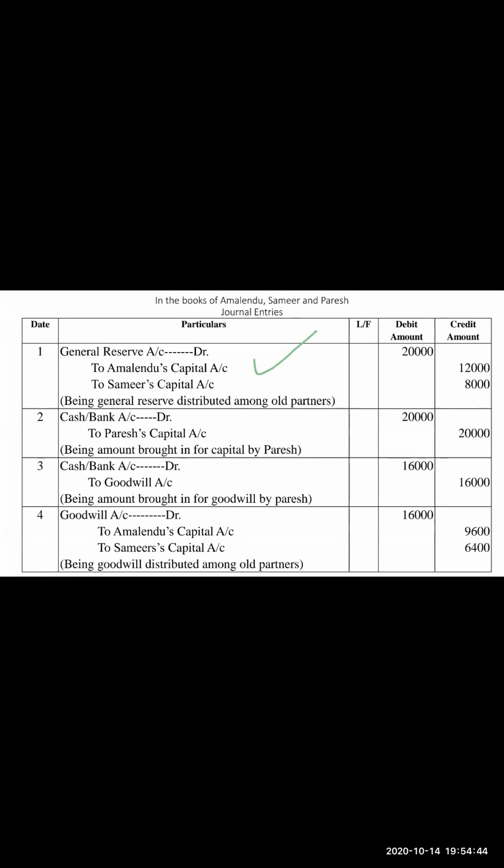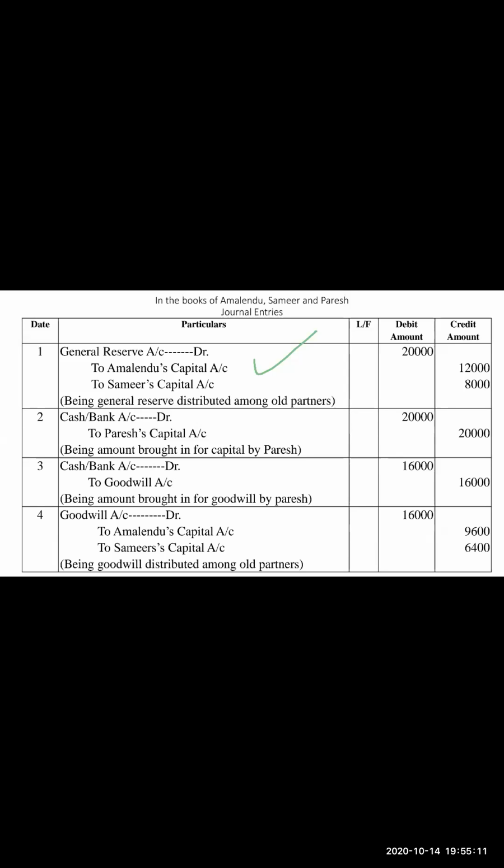Whatever accumulated profit or accumulated loss is given, it will always be divided between the old partners. ठीक है, old partners के बीच में ही उसको distribute किया जाता है, new partner को नहीं दिया जाता है, right? So general reserve account debit to Amalendu's capital account, Samir's capital account, being general reserve distributed among old partners.